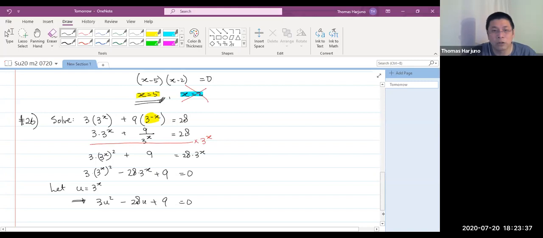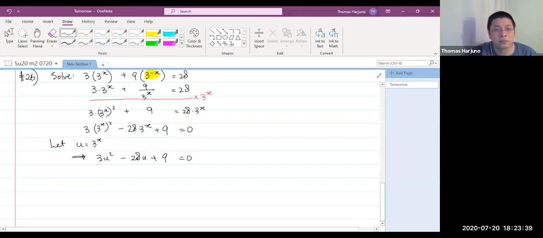Okay, and then we try to factor it. Take 3u minus 1, u minus 9 equals 0. So u equals 1/3 or u equals 9. But u is 3 to the x.